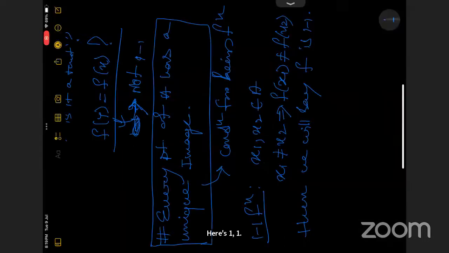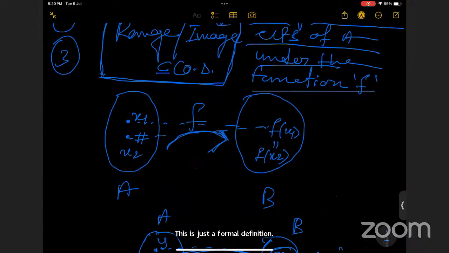This is just a formal definition and you have some basic understanding.